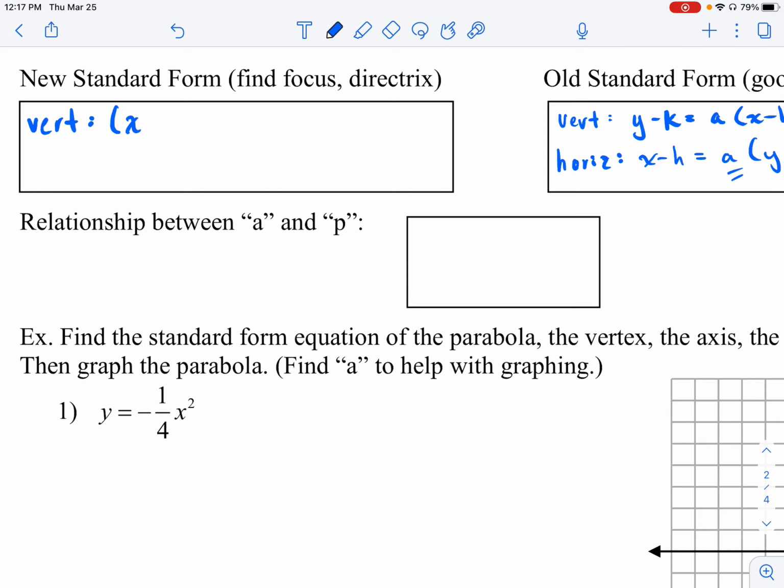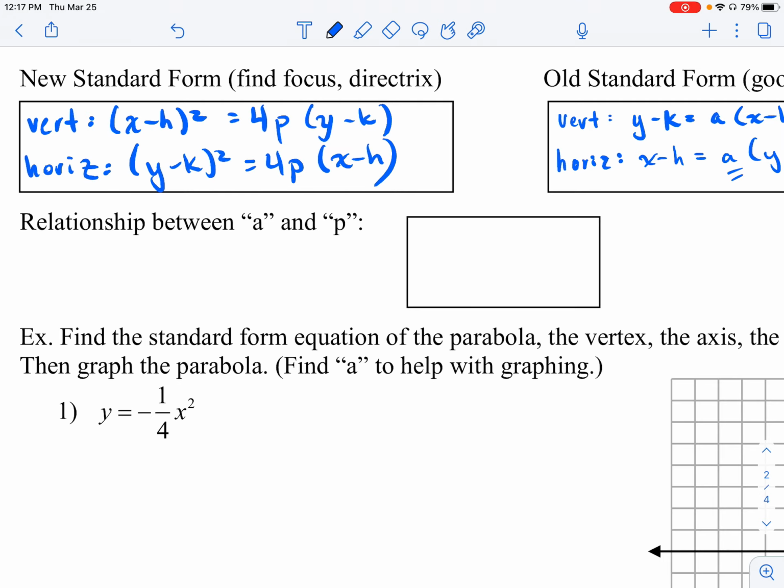When it's vertical, we say x minus h squared is equal to 4 times, again, our p-value, which represents our distance from our vertex to our focus, times y minus k. And when it's horizontal, we say y minus k squared is equal to 4p times x minus h.